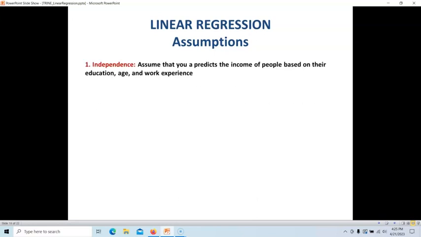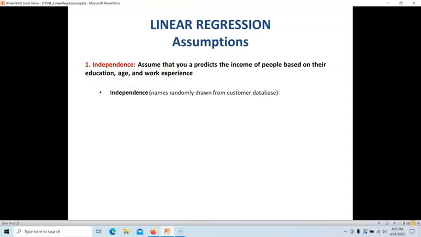Okay, independence. What does that mean? Let's assume we're trying to predict the income of people based upon their education, their age, and their work experience.